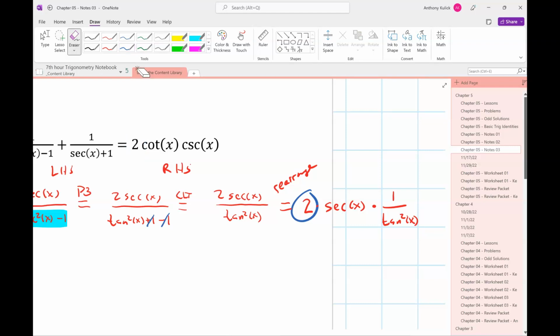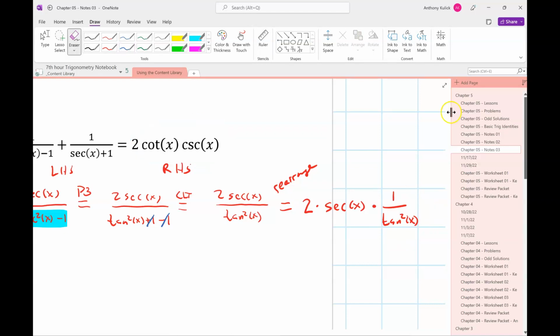Now somehow secant x and 1 over tangent squared have to turn into this, right? Well, I see something here. I remember that tangent and cotangent are reciprocals because I notice here that I don't have any fraction. So let's get rid of this fraction, right?